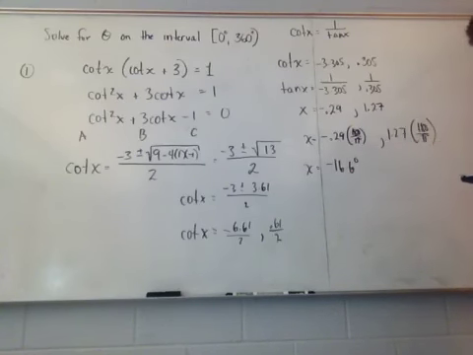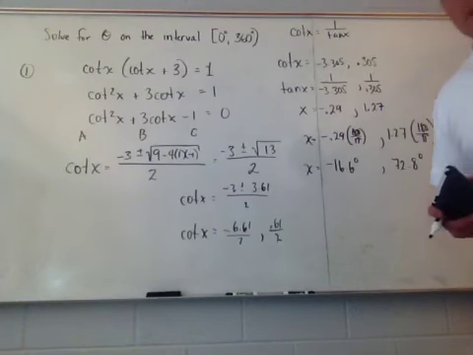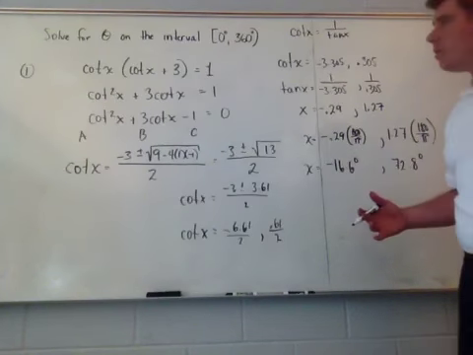And then for this one here, I'm going to take 1.27, multiply that by 180, and then divide that by pi, and what you get here is that this is approximately 72.8 degrees.